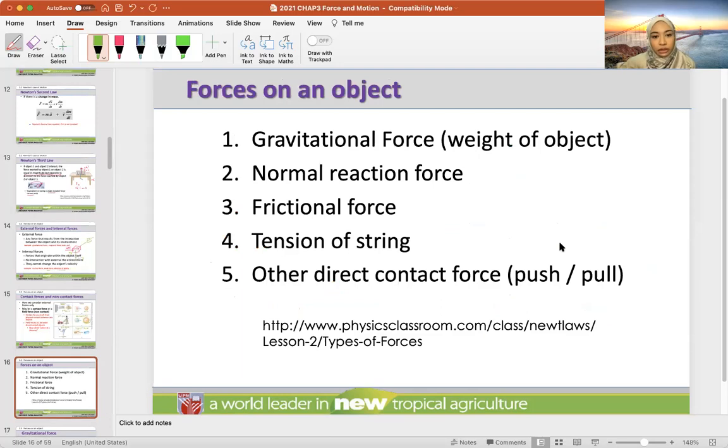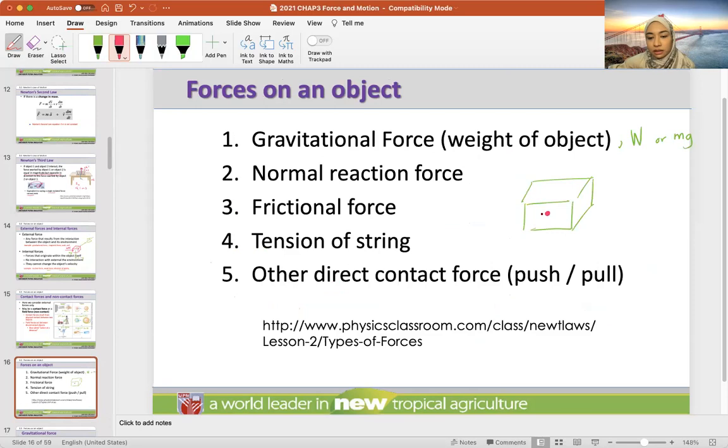So the force on an object that is gravitational force, or the weight of an object, we label as capital W or mg. Both are acceptable. If I have an object here, I want to label my free body diagram. I introduce it a little.